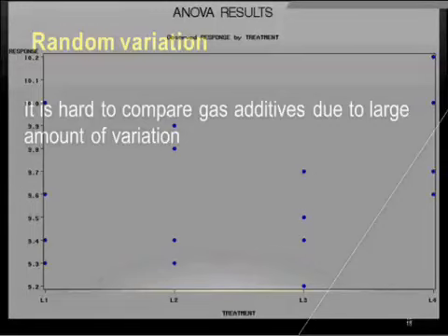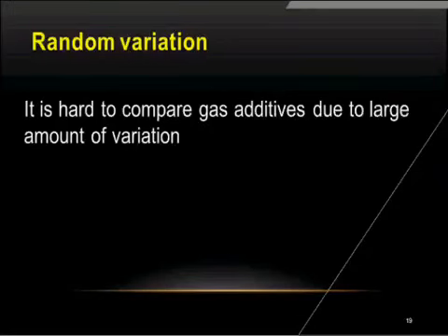So what happens here is that we have a problem. It's really hard to determine if the treatments are different due to the random variation that comes from somewhere else. That comes from our experimental units. The experimental units are an extra source of variation in our model that we are not accounting for.